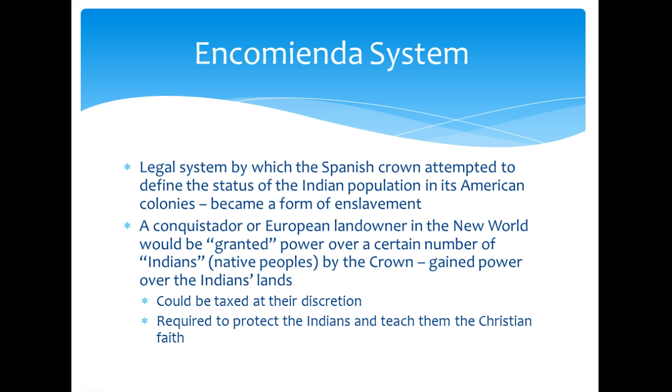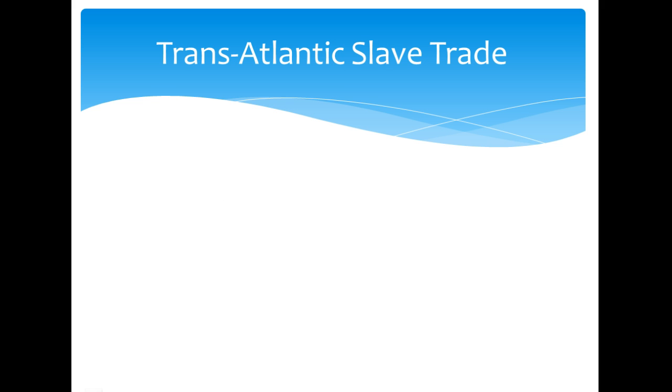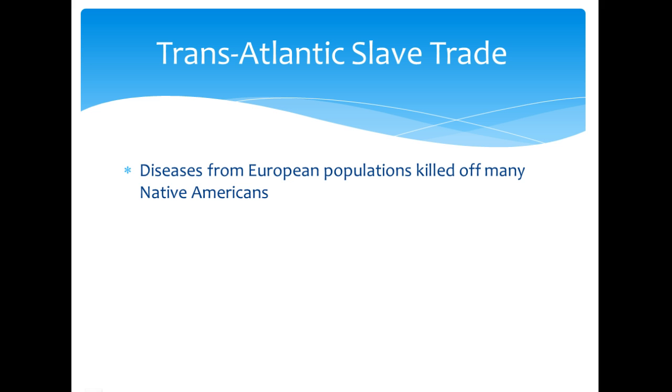So that comes from taxes, and it also comes from the labor that the Indians produced while they were being controlled by the Europeans. So that's how it becomes a sort of slave trade, or a slave system. The much more famous slave system in the Americas, though, is the transatlantic slave trade.